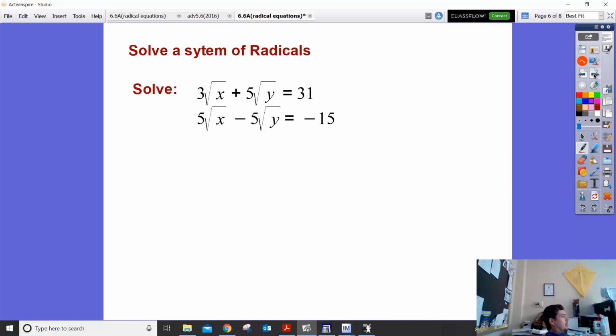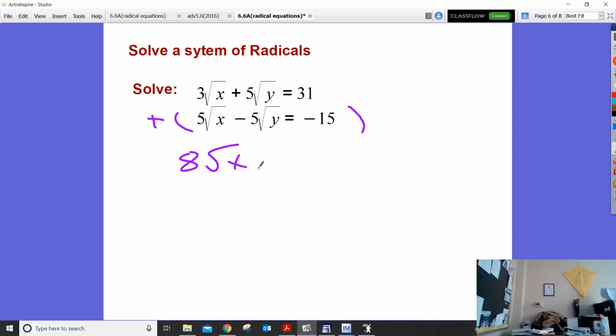If you add both equations together, what happens to those roots of y's? They cancel. You'd have 3 roots of x and 5 roots of x, which makes how many roots of x? 8 of them.